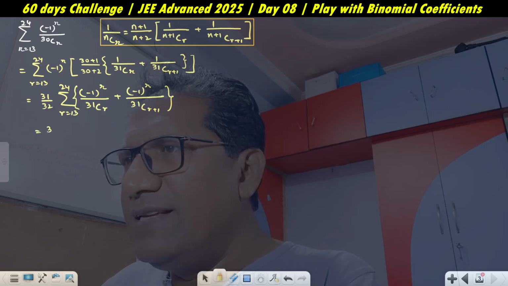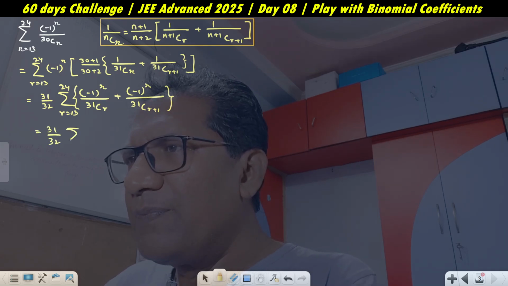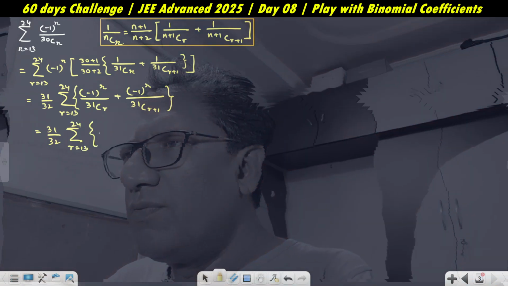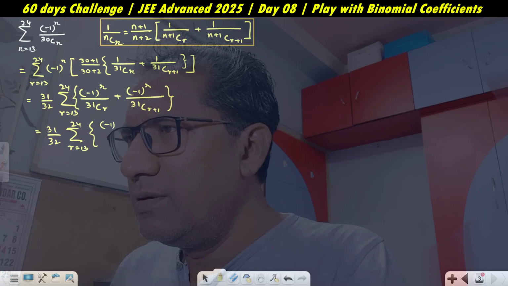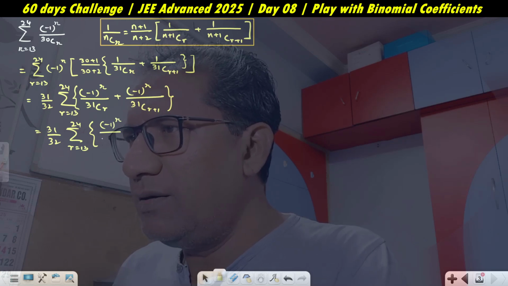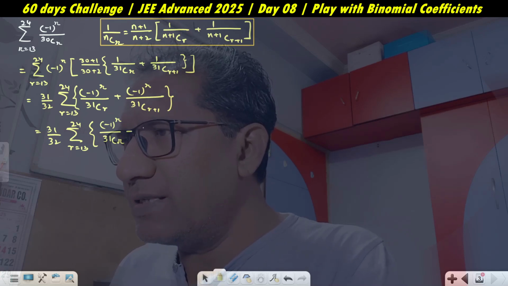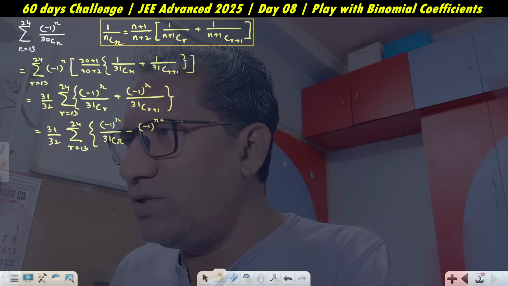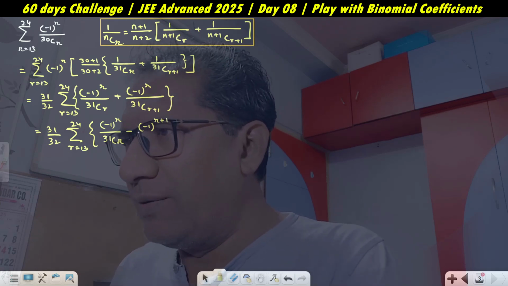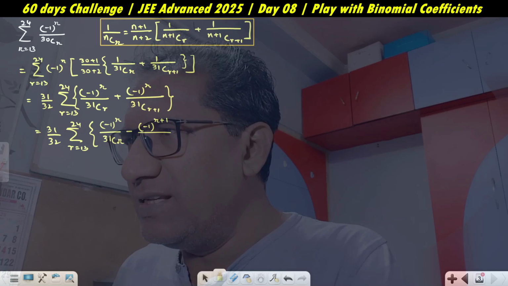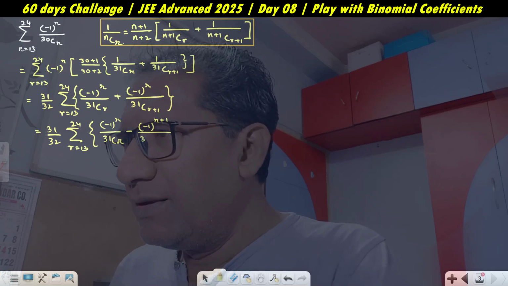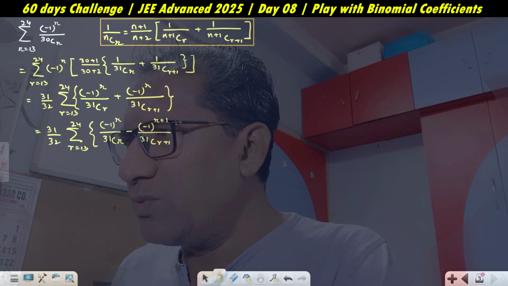Now we can write this thing like the sum of 13 to 24 of minus 1 to the power r divided by 31CR. I'm taking a minus over here and I'm raising the power of minus 1 to r plus 1, so that will nullify this minus sign, 31C(R plus 1), right?